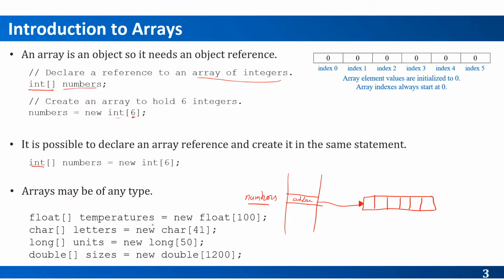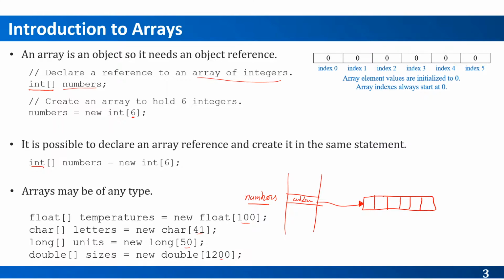And it follows the same structure: the name with square brackets to say that this is an array, reference variable, new keyword, and again the data type with the number of elements in the array. All right. Now this number must be provided. You have to define the number of elements that you are going to have in your array.